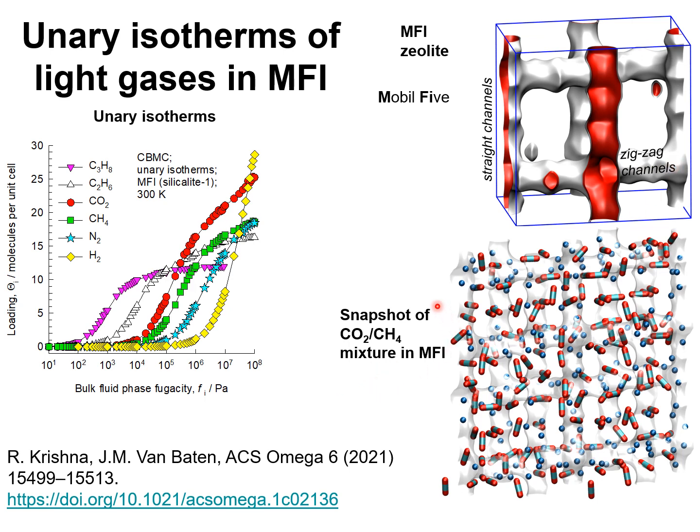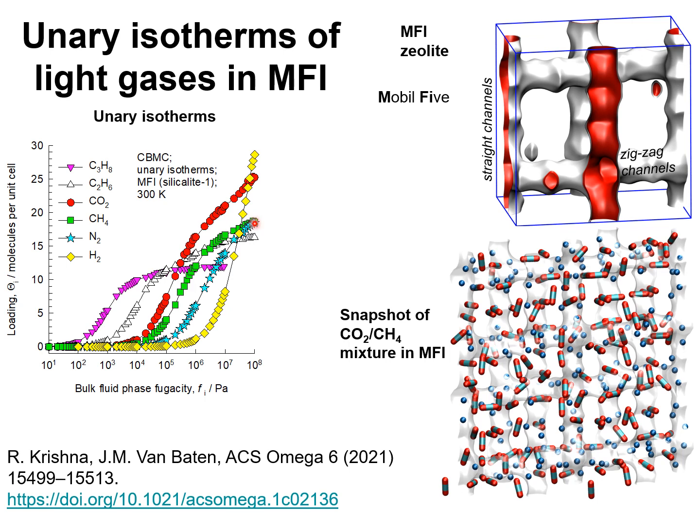Linear molecules can align themselves easily along either the straight channels or the zigzag channels. We note that the hierarchy of saturation capacities is hydrogen, the highest, with a saturation capacity of about 30 molecules per unit cell. The next is carbon dioxide.